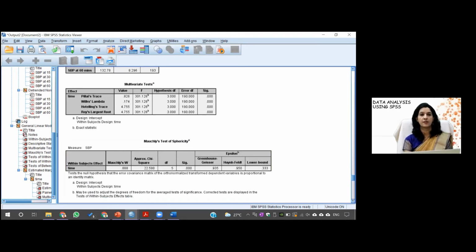Like we comment on Levene's test of equality of variance in independent samples, you have to comment on Mauchly's test of sphericity. It also assumes variances, but that is the difference of each group. Just remember that it is a way to determine variance in the case of a repeated measure, because in repeated measure it is the same individual which you are measuring at more than 2 time points.